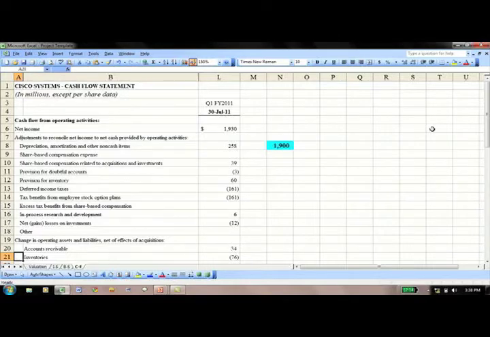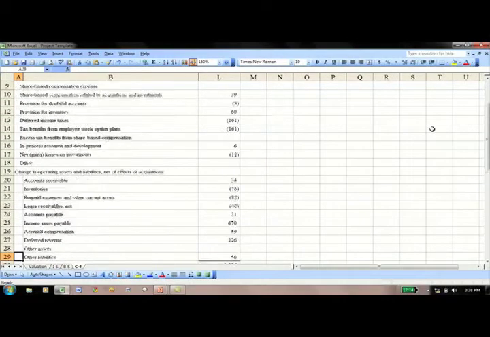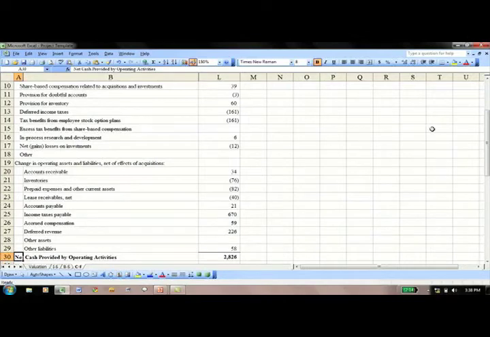Next, where they talk about changes in operating assets and liabilities, they are moving away from the income statement to the balance sheet. And I'm just going to scroll this up a little. So the accounts receivable, and it's $34 million. So what this does is it actually tracks the changes in the accounts receivable between the previous quarter and this quarter.